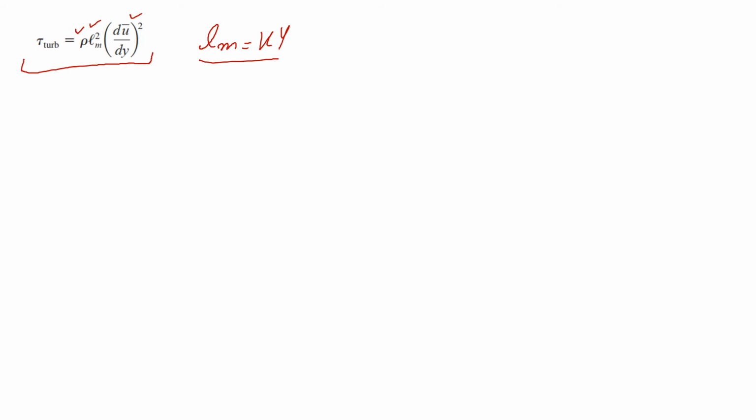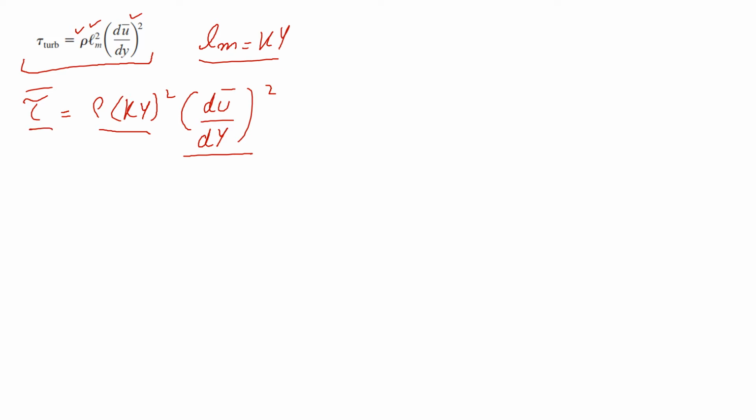So our equation will become, we will put a bar over here, density ky whole square, du bar over dy whole square. So simplifying it a bit further, we will take this term to the left hand side, and these terms will divide it over here.